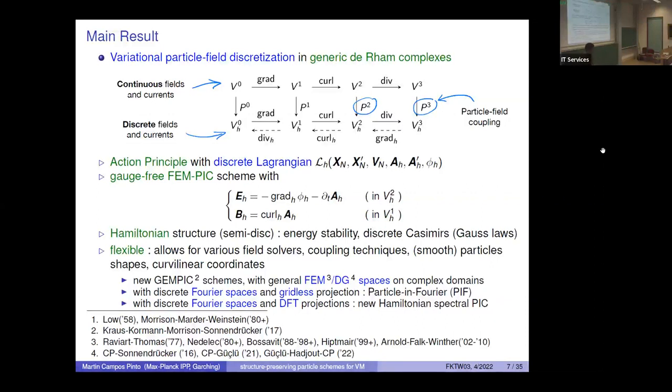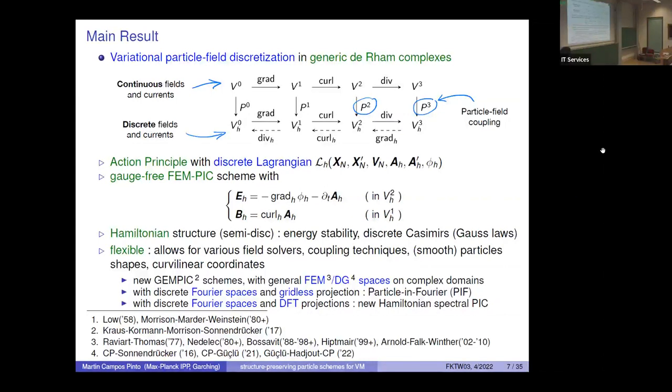But the new result is that this setting, the existence of a sequence of discrete spaces with projection or approximation operators that commute with these differential operators, this very general setting is enough to write a fully coupled particle field scheme that satisfies an action principle and has a Hamiltonian structure. An interesting point is that the resulting scheme is gauge-free.